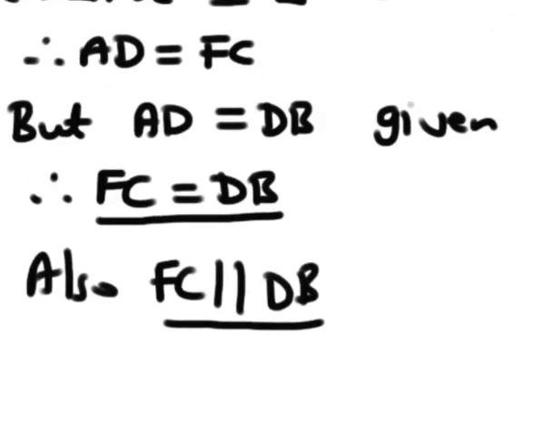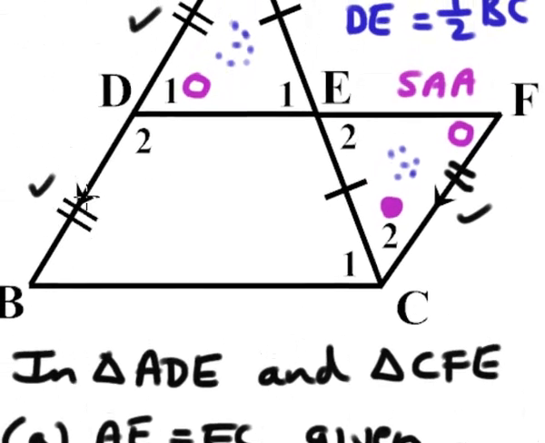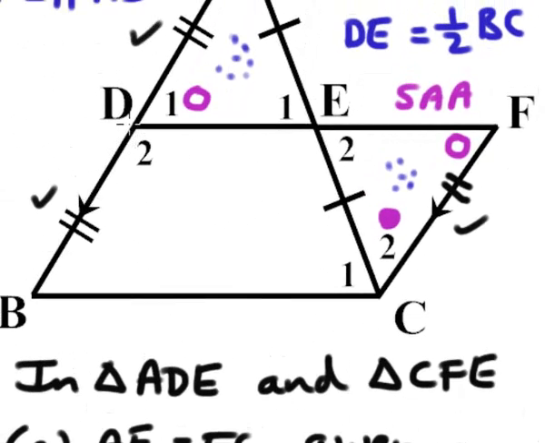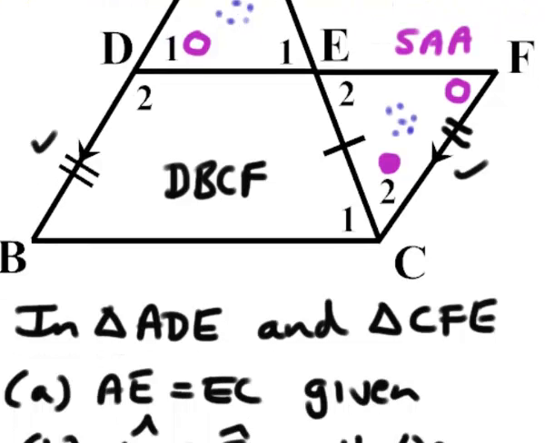And if that's the case, then in this quadrilateral DBCF, if we've got one pair of opposite sides being equal and parallel, then it must be a parallelogram.